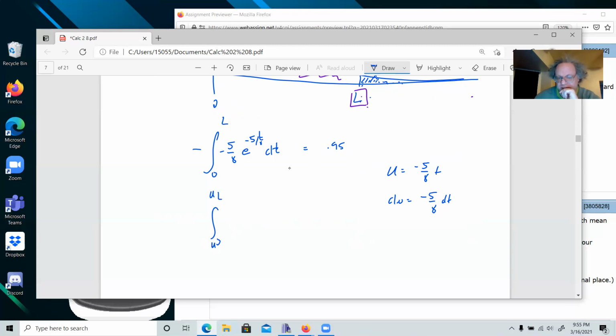This is going to be in u space, so technically we're just making a note that these limits are in u's. And we've got e to the u, negative, du. Okay, integrate.